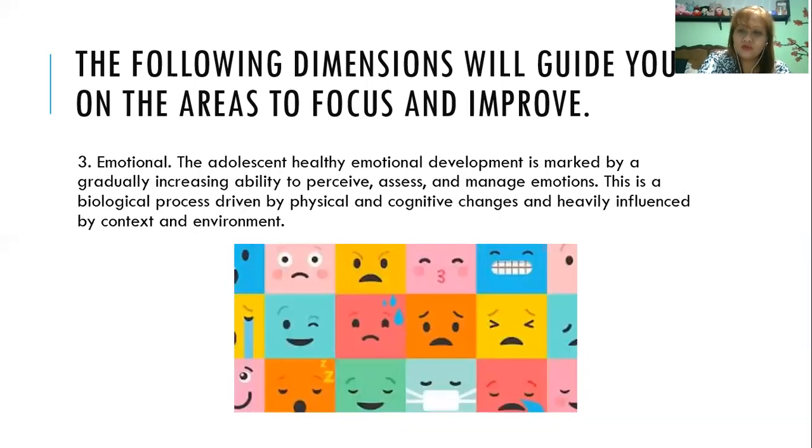The third is emotional. Especially now that you are very emotional, this adolescent stage is marked by gradually increasing how you perceive, how you assess, and how you manage emotions.